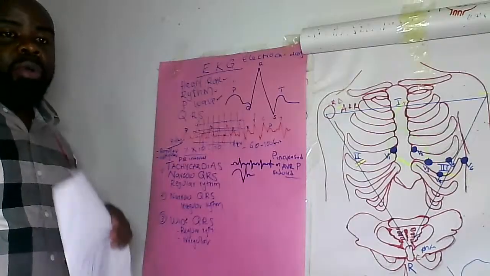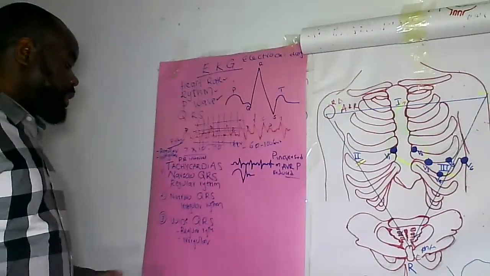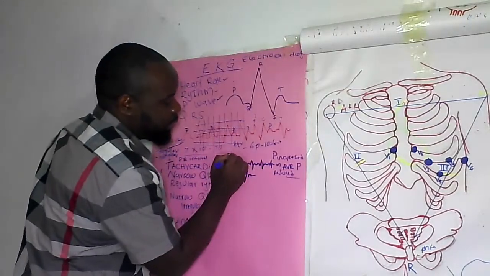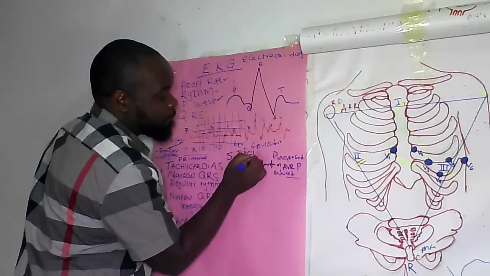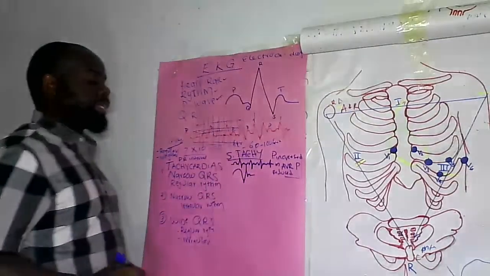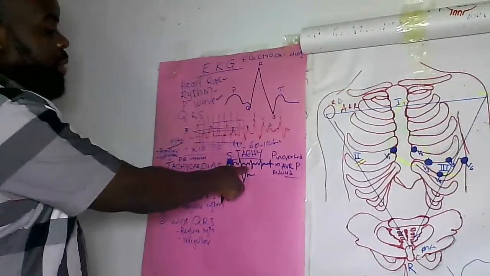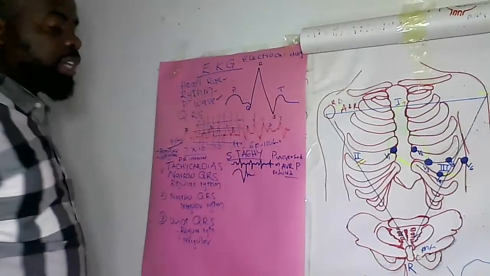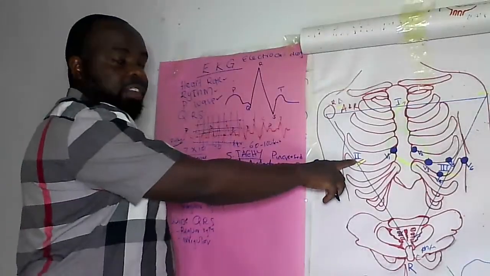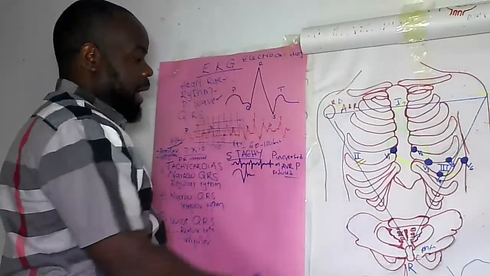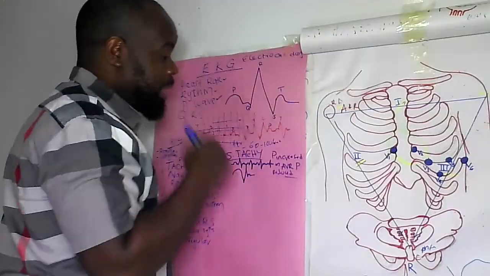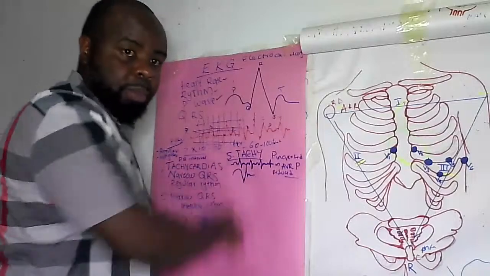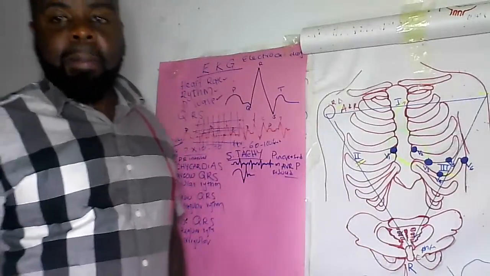Sinus tachycardia means narrow QRS complex, lead 2 deflection is increased, and then the AVR lead is reduced. So we have talked about sinus tachycardia, and then we have something else.